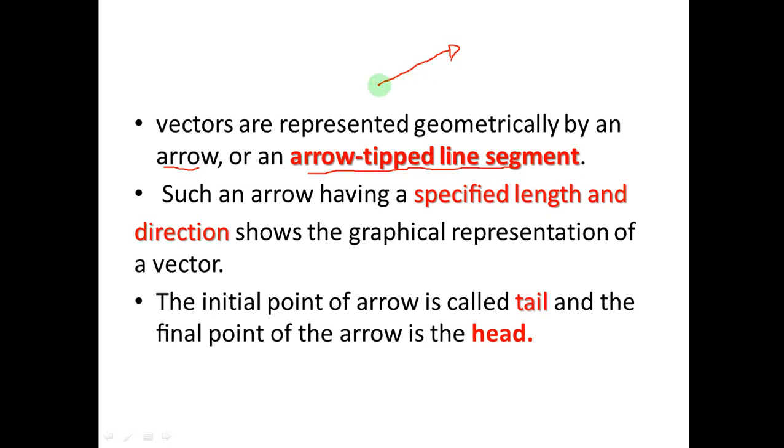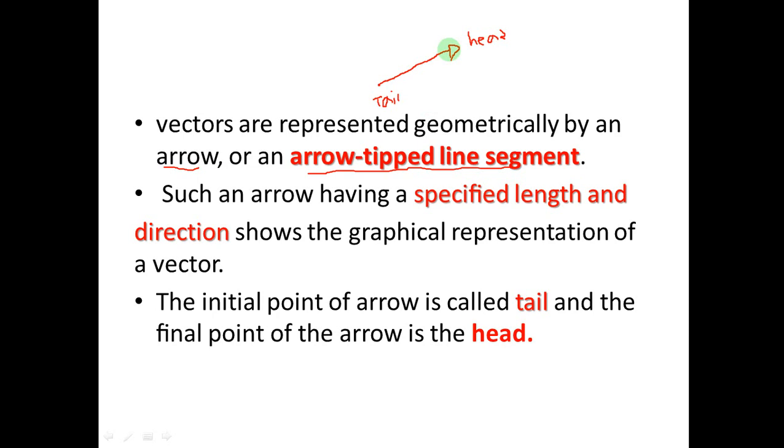Here it has the first point, the initial point, which is called the tail of the vector. The initial point is the tail, and there is a final point. That final point is the head. The distance or the length from the tail to the head represents the magnitude, and the head represents the direction of the vector.